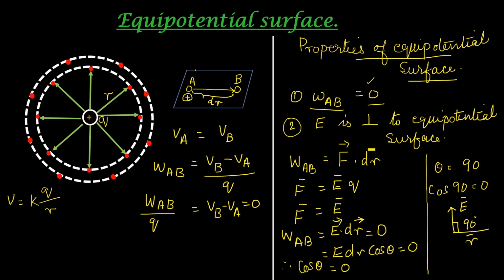The direction of motion of the charge, that is direction of displacement dr, is on the equipotential surface. So instead of direction of displacement, we can say the equipotential surface. So the direction of electric field is perpendicular to equipotential surface. For negative charge, it will be in the inward direction. Of course, it will be perpendicular.